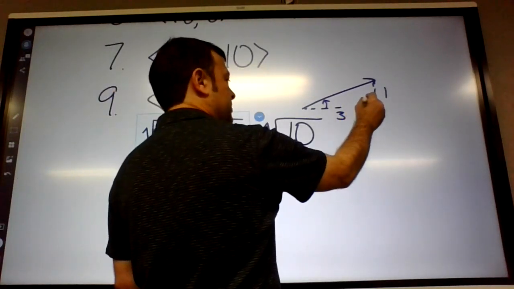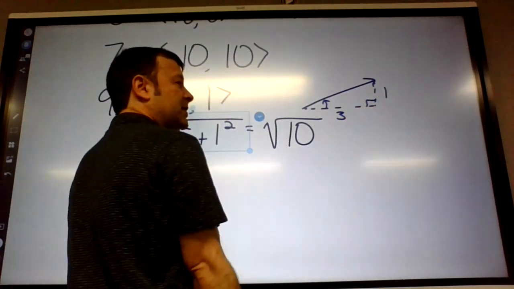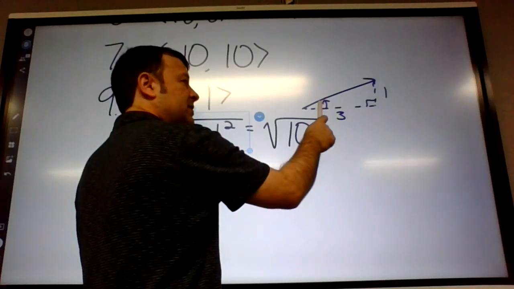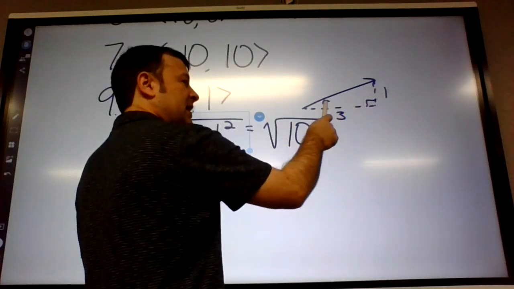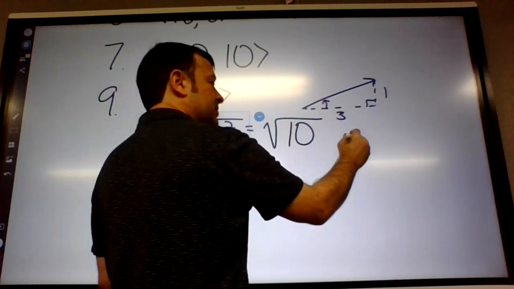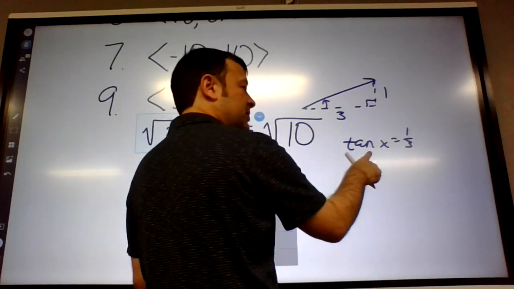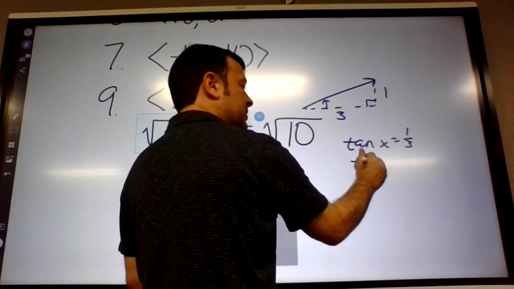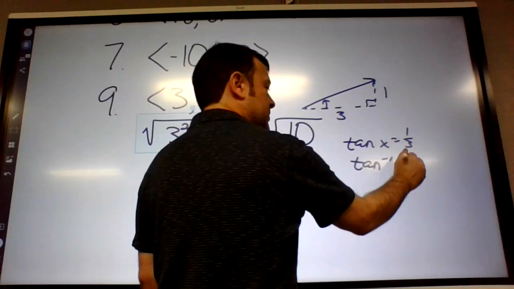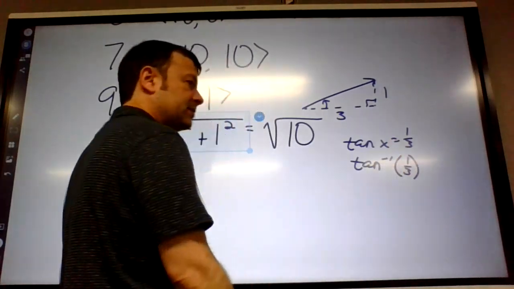Yes, good. SOHCAHTOA stuff. So this makes a little right triangle. So relative to this angle, we have opposite and adjacent. That is tangent. So tangent of the angle equals opposite over adjacent. So how did we solve for the angle? Tangent inverse. 1/3.